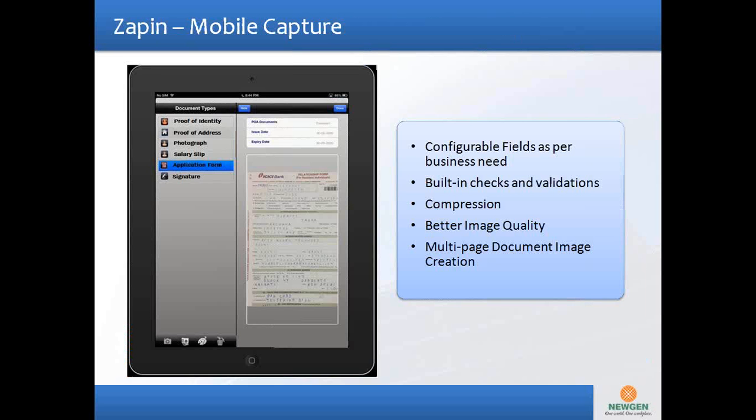Third option which I would like to highlight here is about how the content is captured through smartphones and mobile devices. Now this is an example of contemporary technology. So here what organizations are doing is that instead of using the traditional way of bringing all the paper documents to branches and scanning them and then sending them to a central location, their sales agent can carry a tablet or a smartphone.